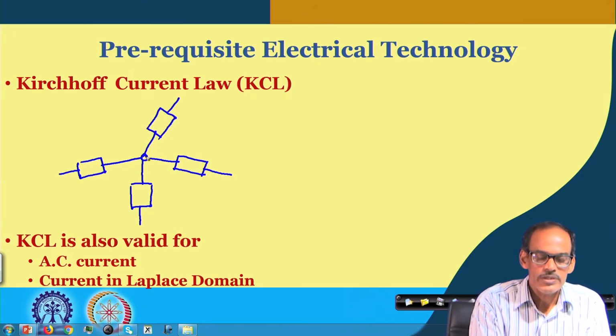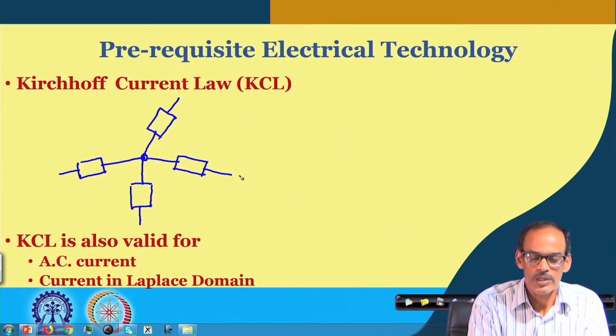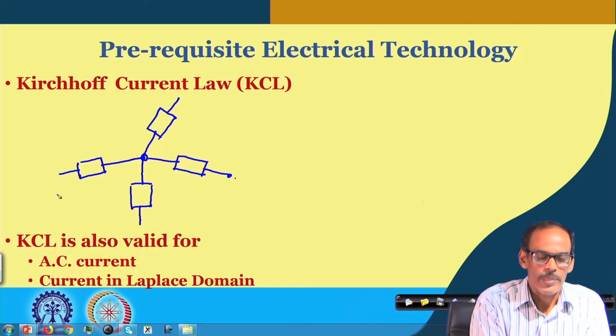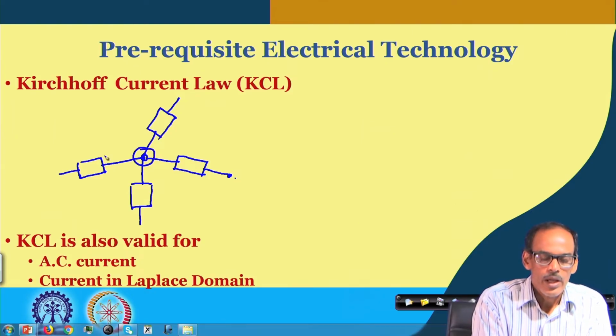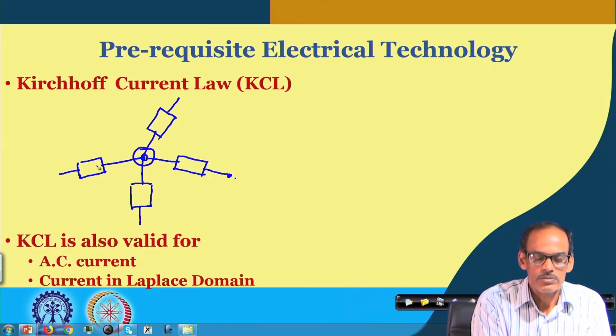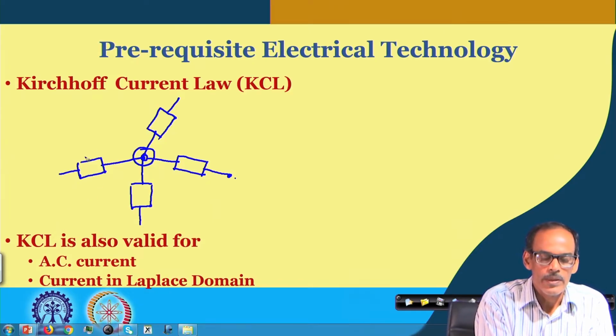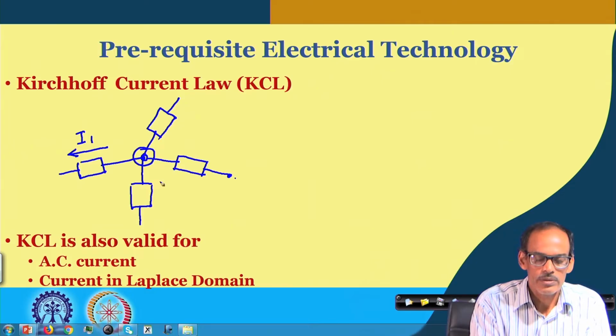So, let us consider this is one circuit node, and then we have, say, 4 different elements, they are connected to another node and so on. But when you consider this node and whatever elements are connected to it, and then consider the current flow corresponding to each of these elements, say element 1 has a current of I1, element 2 has a current of I2, and so on.